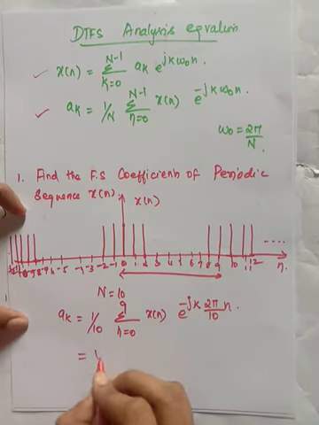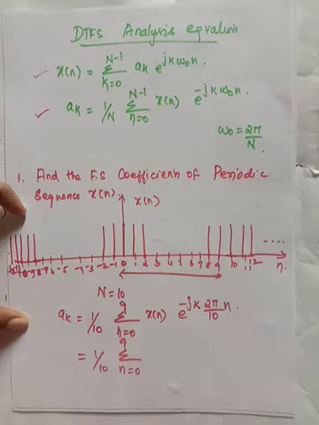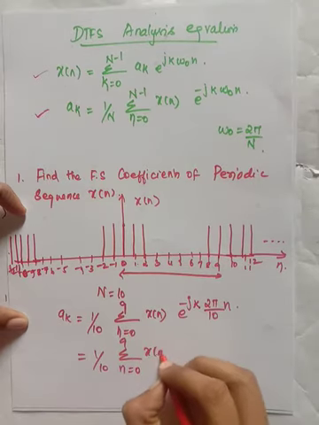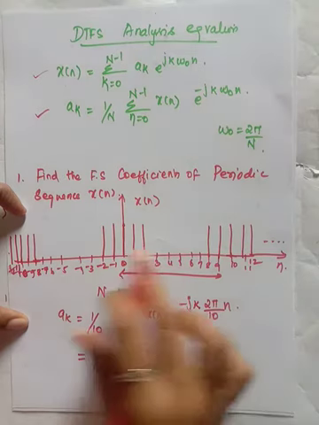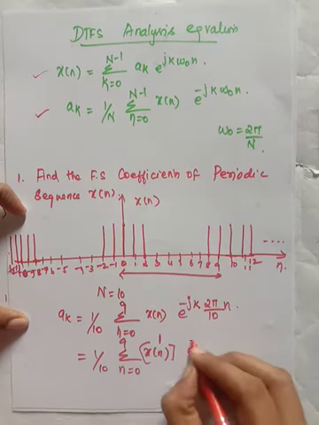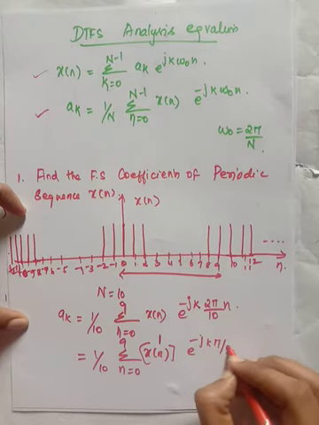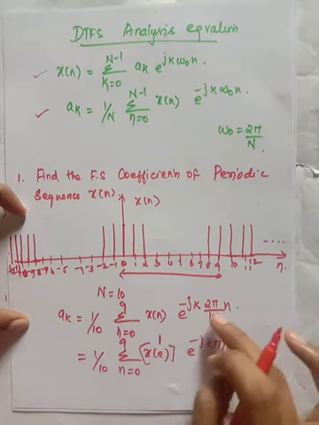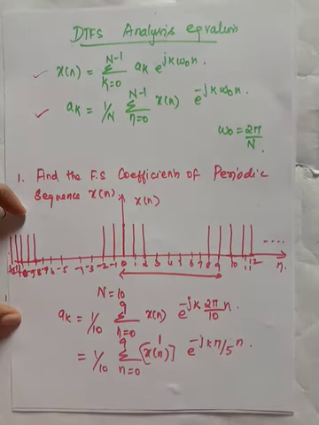Okay, I am going to simplify this: summation n equal to 0 to 9 of x of n. So x of n is 1, right? For all values it is 1. So e power minus j k, 2 pi by 10 is pi by 5, into n. Here the value of x is 1 for all the values.